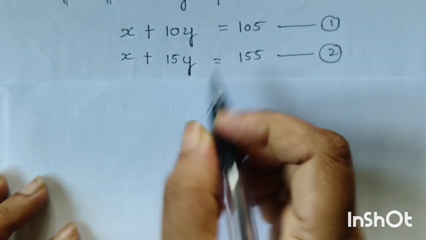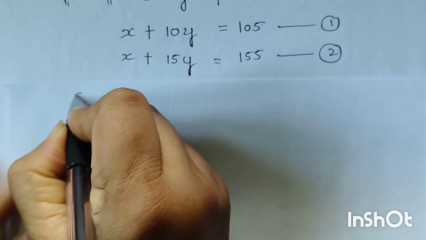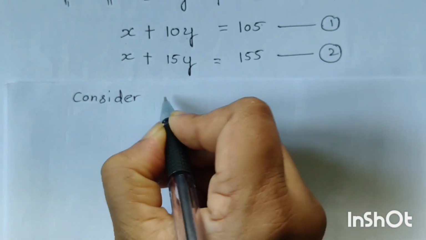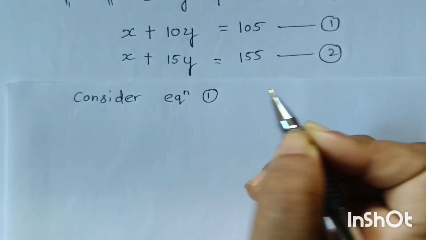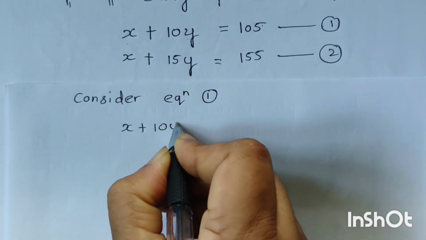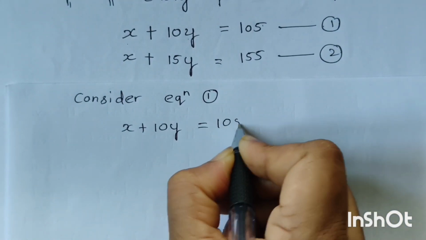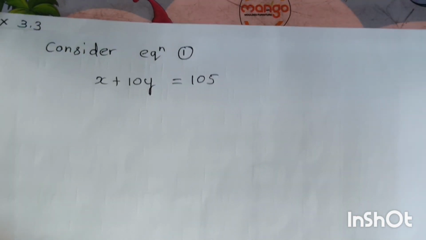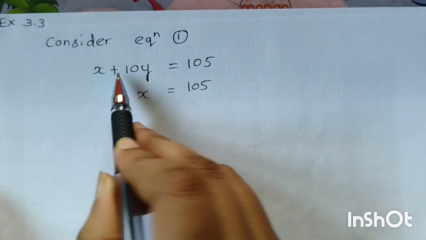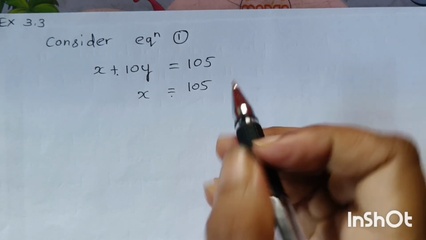Now consider equation 1, that is X plus 10Y is equal to 105. X is equal to 105 plus 10Y. When it will cross this equal to sign, it will become minus 10Y.